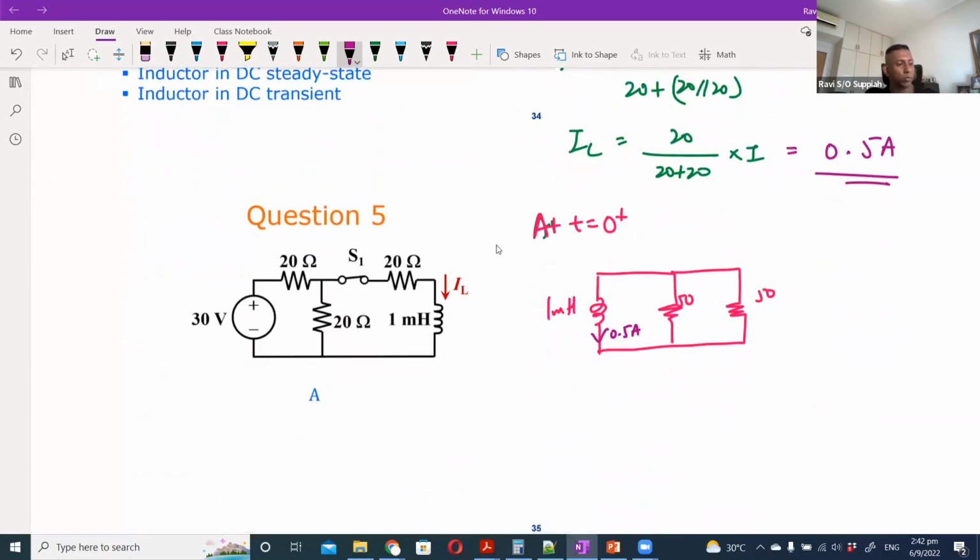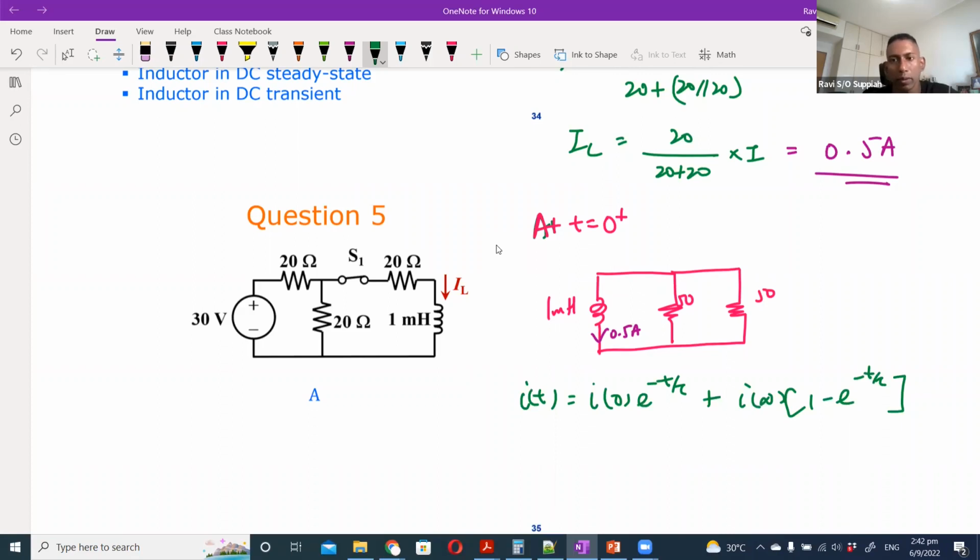So to find the expression for the current, the expression would be iL(t) equals I0 e to the minus t over tau plus I infinity times 1 minus e to the minus t over tau.